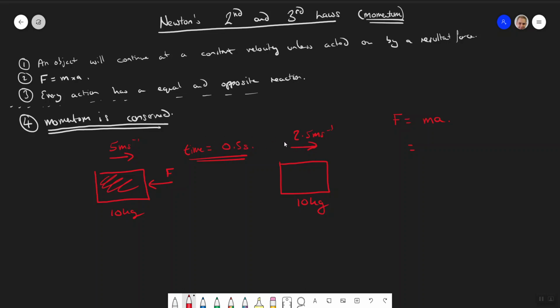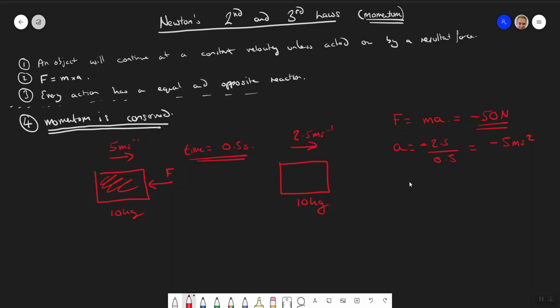So we've got a change of 2.5 over 0.5. Actually, it's minus, so the acceleration equals minus 5 meters per second squared. Putting that into my force, I've got 10 lots of that, so I have minus 50 newtons. So that is what I've achieved to do this.